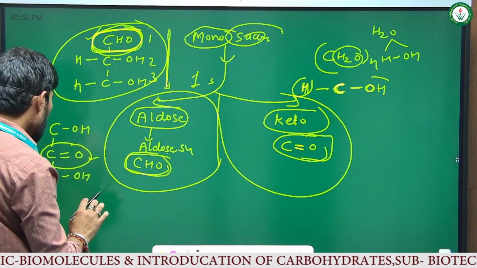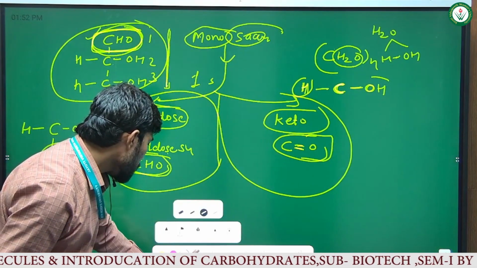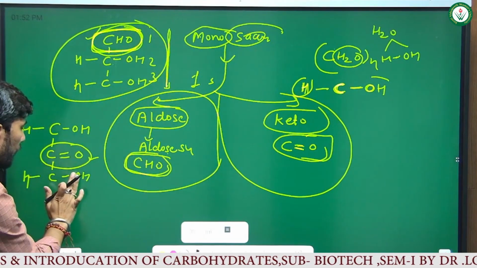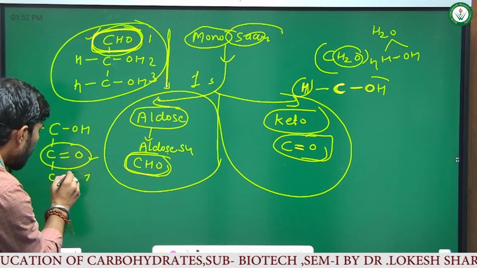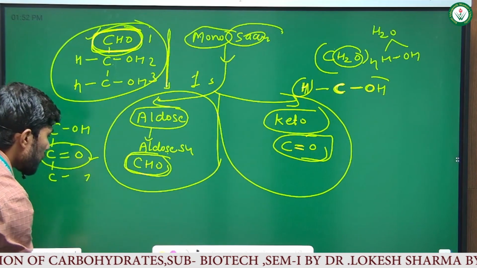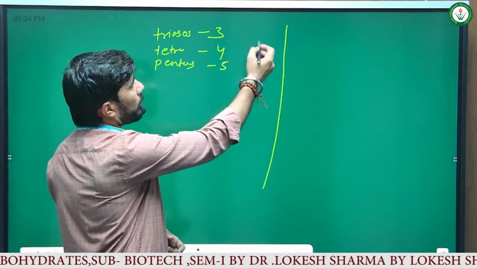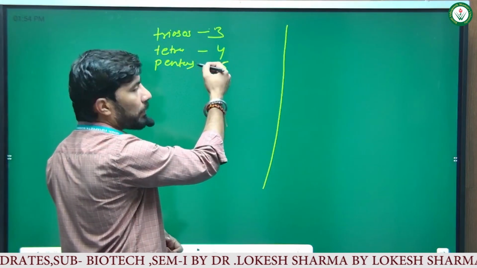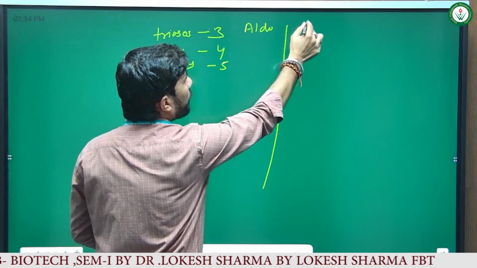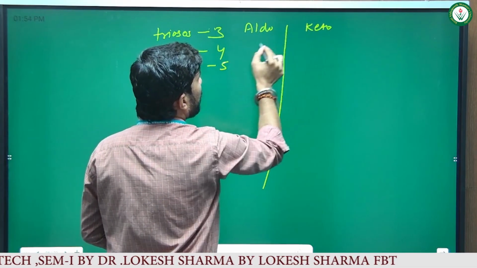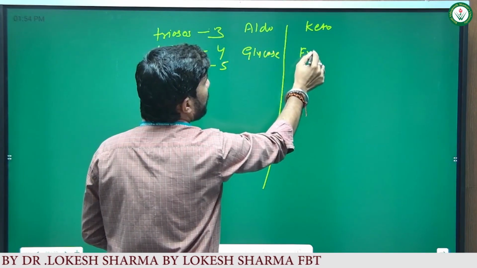We can also modify the structure and know about the position. So triose, tetrose and pentose, aldose group and ketose group. Glucose is an example of an aldose and fructose is an example of a keto sugar.